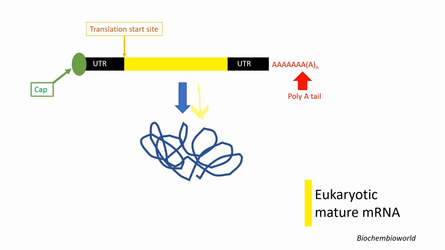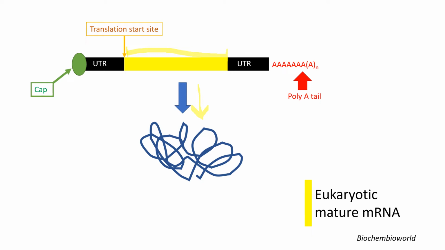And the next thing is the yellow thing here. The yellow marking represents the coding region. The coding region here means that the mRNA is going to be translated from this site.